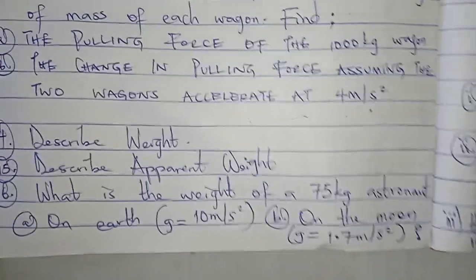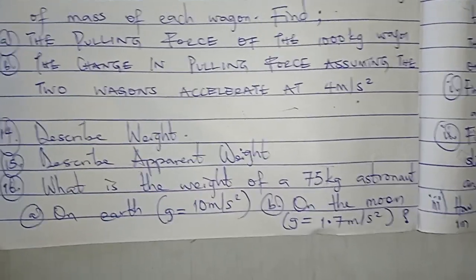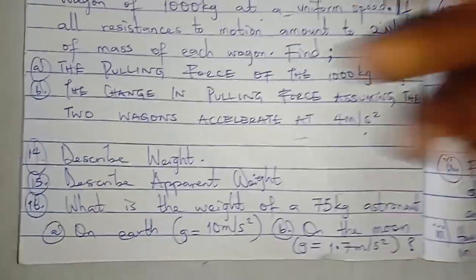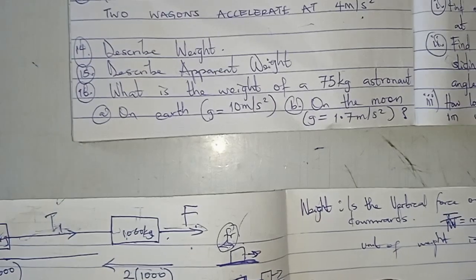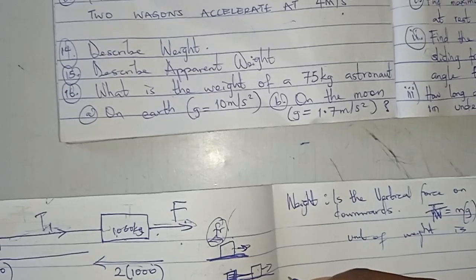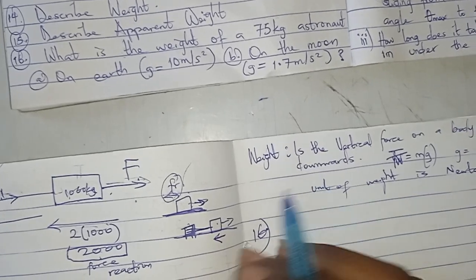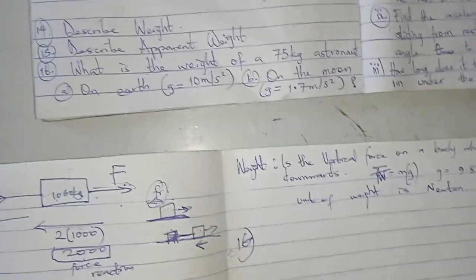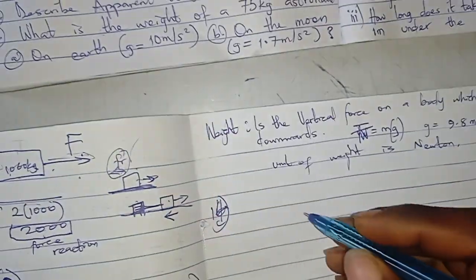What is the weight of a 75 kg astronaut on Earth and on the moon? Question 15, 16. Okay. And you say 14C.